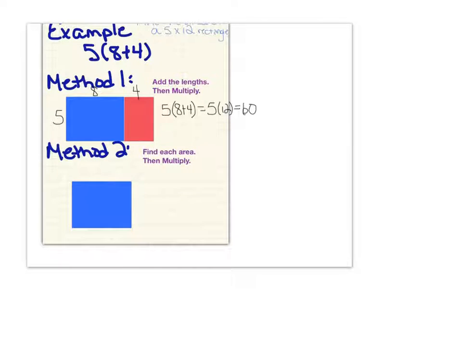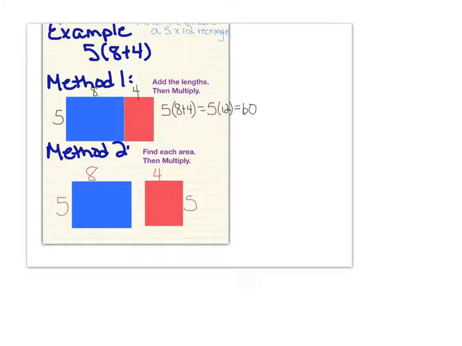There's my one rectangle, and I will make my other one. Again, I have my same size rectangles, 5 by 8, and this one is 5 by 4.